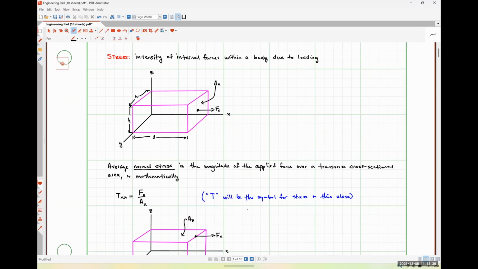Okay. Is anything else going to happen? It's going to shrink in the z and the y directions. Okay.